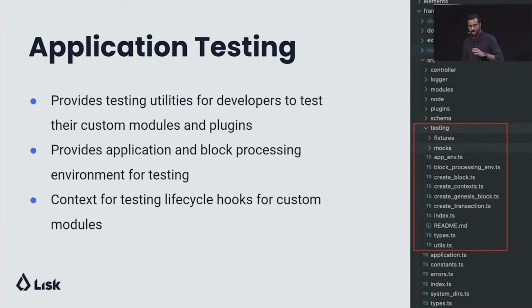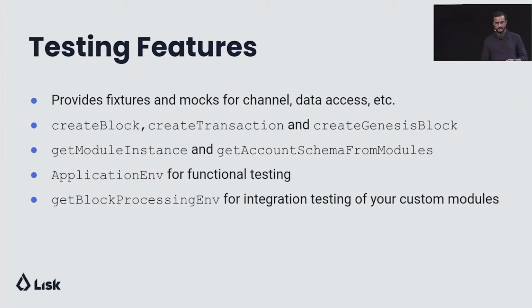Basically, it exports the block processing environment, the application environment, and various fixtures. And also, it gives the context for the lifecycle hooks for your custom module, which is a bit tricky to test. So it is quite beneficial for a developer to get kickstarted with testing as well.